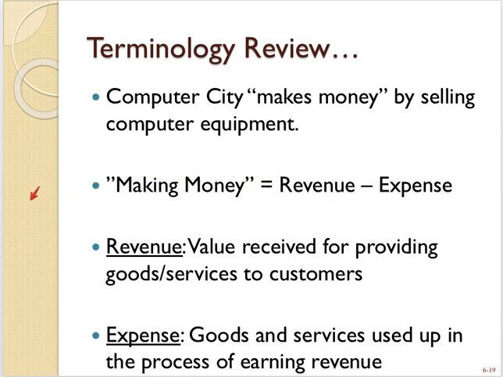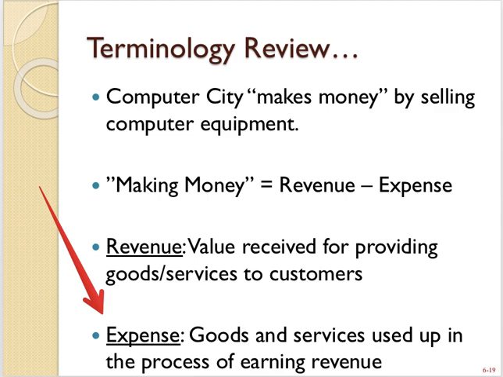And as we learned back, I think in chapter 1, revenue means the value received for providing goods and services to customers. And expense is the goods and services used up in the process of earning revenue.